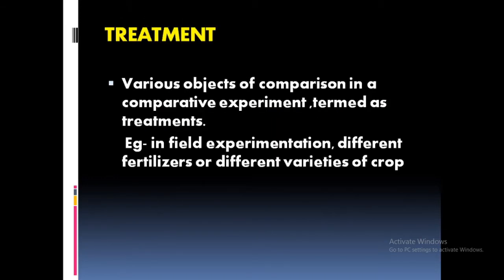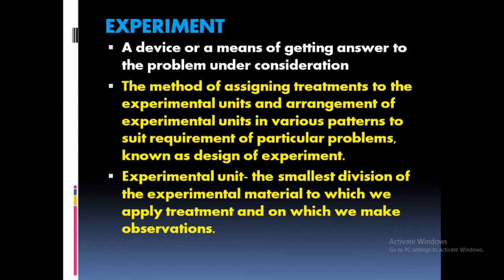Okay. Now, what is a treatment? The various objects of comparison in an experiment are known as treatment. For example, in our case, I gave an example in which two types of feed or diet are the treatment. Clear? So now you got that answer. Two types of diet are the treatment. See, the method of assigning treatment to the experimental unit means in which way you are giving the diet to the birds or cattle.